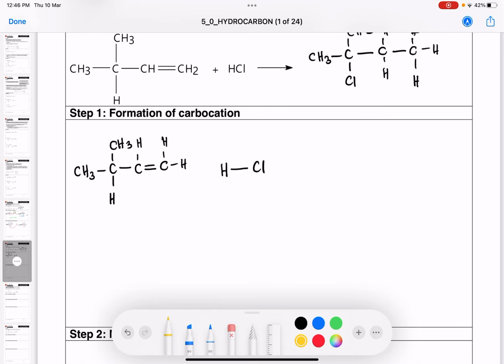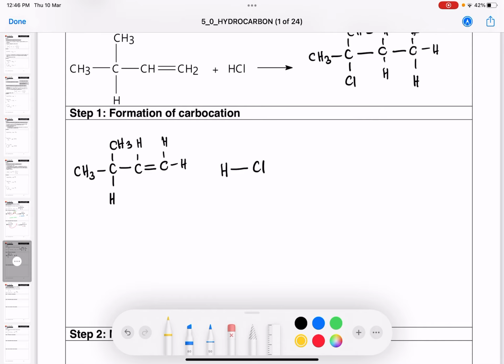This Cl, because it is full of electrons, will attack the positive side to produce this. And there you go. This is the mechanism for hydrohalogenation of alkenes. So let's try this.